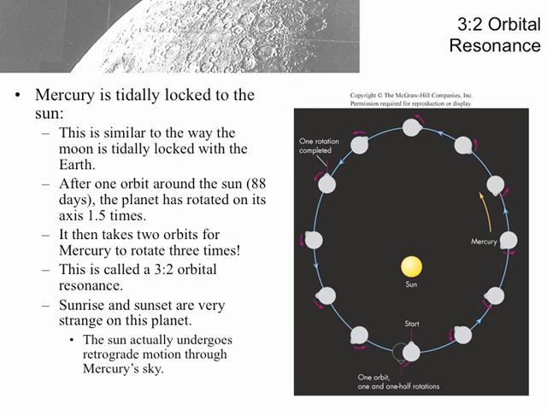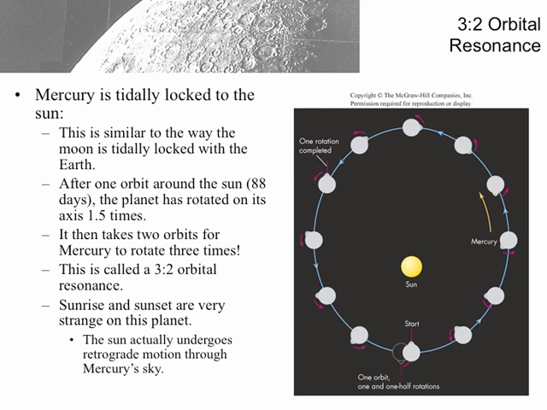But getting back to this idea of Mercury rotating slowly on its axis, it is what we call tidally locked to the sun, similar to how the moon is tidally locked to the Earth. In other words, its day is almost as long as its year.